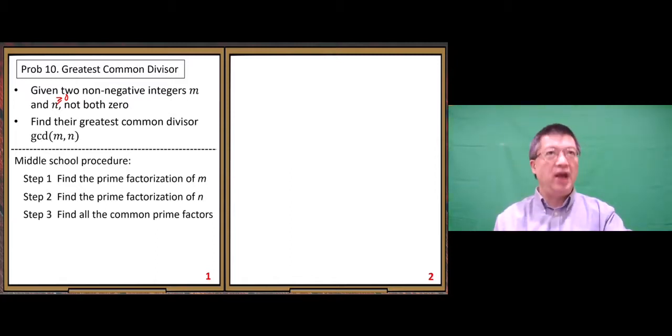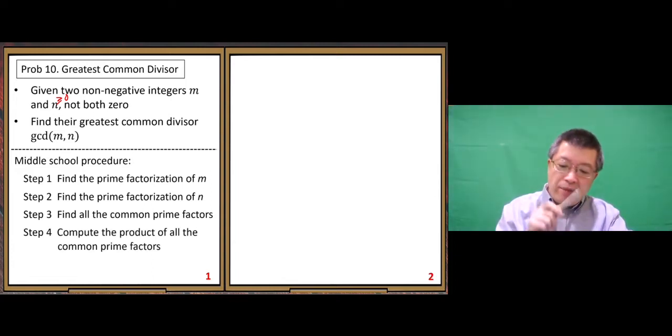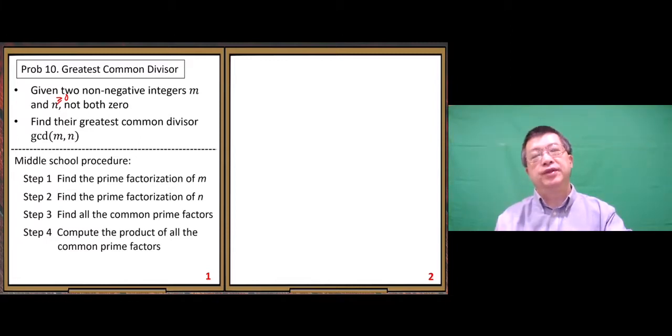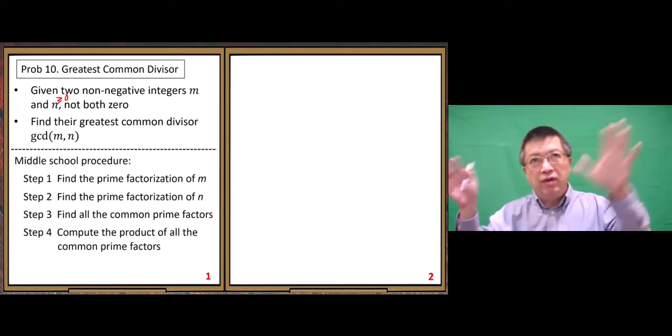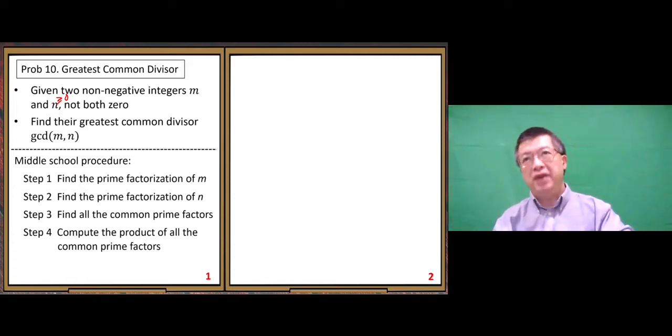Step 4, compute the product of all the common prime factors. For those powers of primes, the common parts multiplied together give you the final answer.